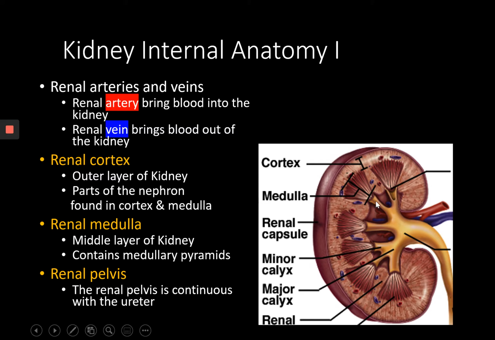So all these structures that are found near the renal papillas are minor calyces. And when a bunch of minor calyces join together, they make a bigger funnel. This is a major calyx, or the plural, major calyces. And then from the major calyces, urine would drain into the renal pelvis, then the ureter.